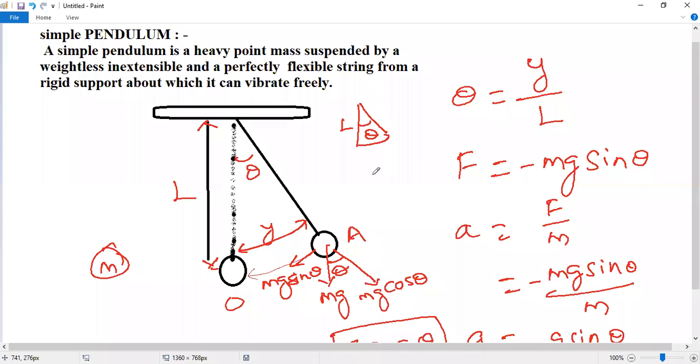This is y. Finding the angular displacement, theta equal to y by l.